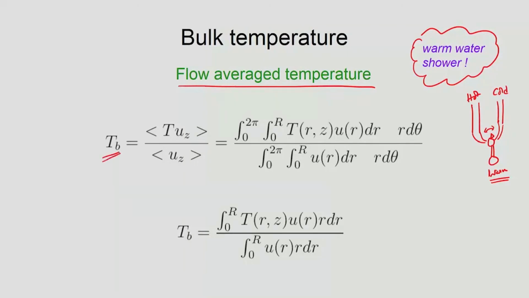So, bulk temperature is defined as the flow average temperature, T into U divided by U. In the case of a constant plug flow, you just simply multiply the velocity and that should do. But in our case, the velocity is a function of r, and therefore you can substitute and integrate over the entire cross sectional area, and then you can get the bulk temperature evaluated.